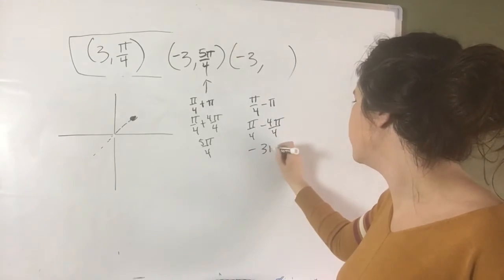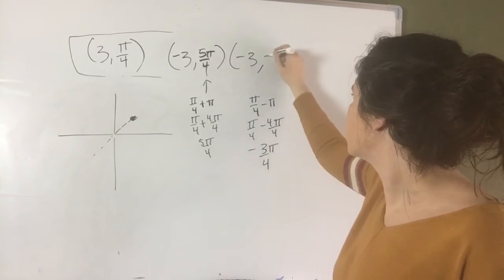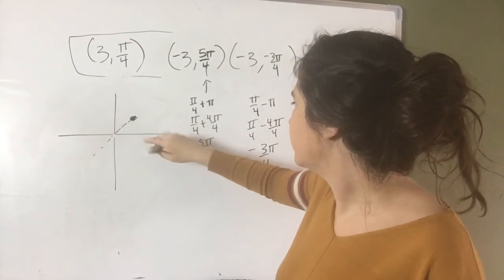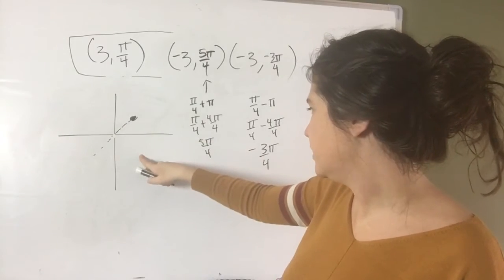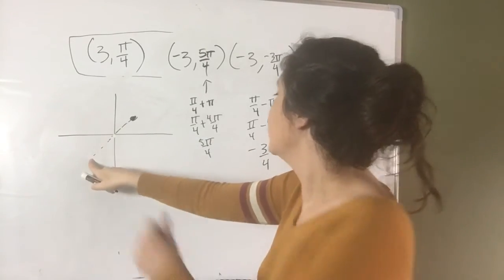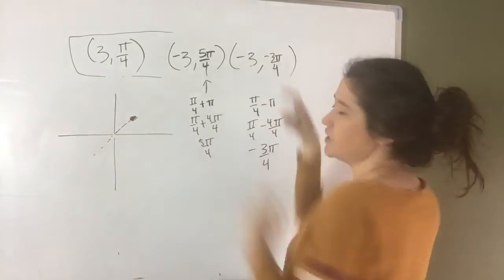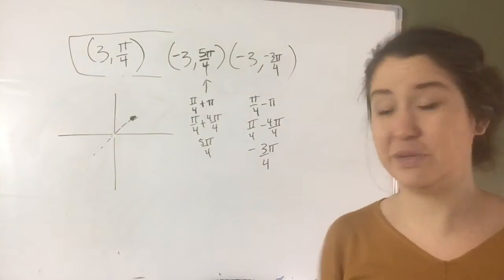You get negative 3 pi over 4. Wouldn't that be over here? Because it'd be, okay, negative pi over 4 is down here. That'd be negative 3 pi over 4. Yep, and then if the r value is negative, we count opposite of it, 1, 2, 3, and we wind up right exactly where we were to begin with, which is what we want.